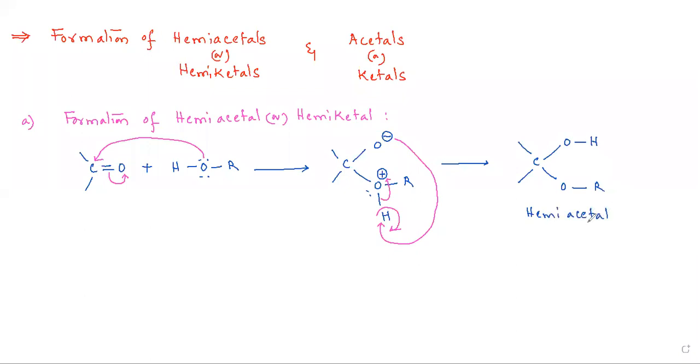If it is an aldehyde, we call it hemiacetal. I mean, if this is R and this is H, of course, this can be even H also. This is hemiacetal, isn't it?